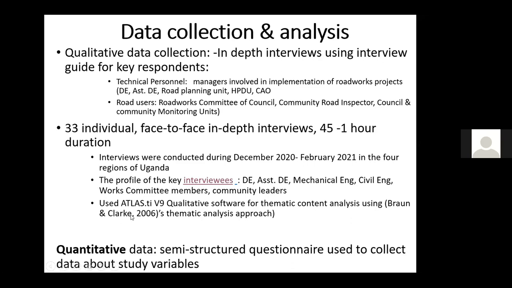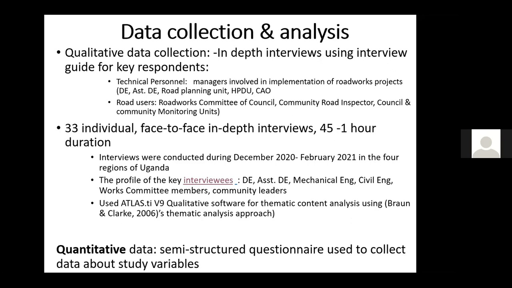Chair, after getting the results, we used Atlas.ti version 9 to conduct an analysis and come up with key content analysis, and they came up with themes trying to explain the procurement performance expectation gap.